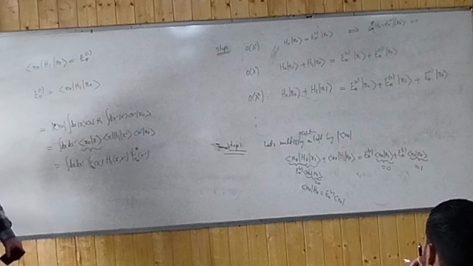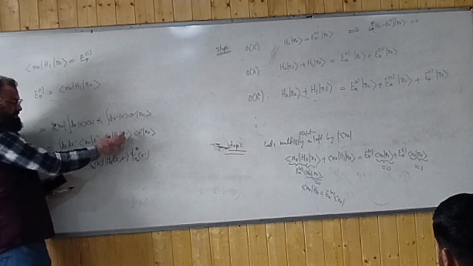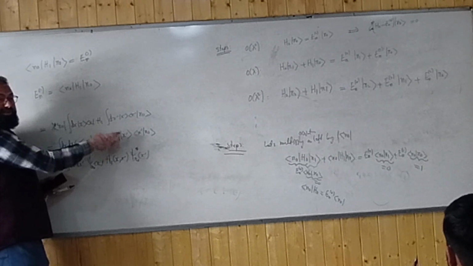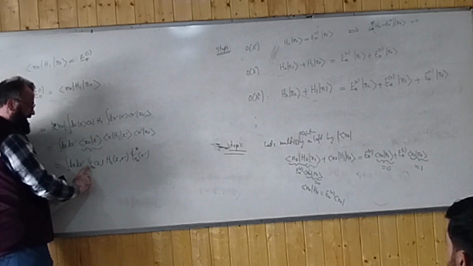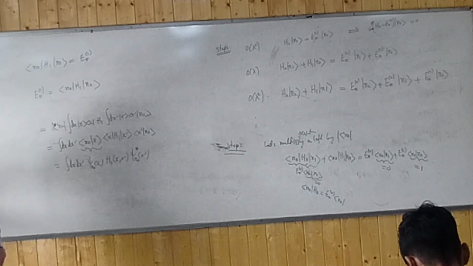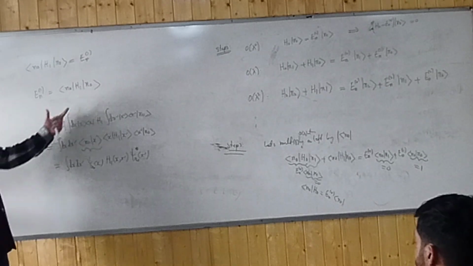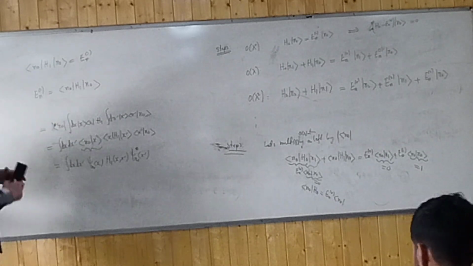Clear? Because this is a number now. This is a matrix element in coordinate space, so you can put psi star here and you can put it here. There is no problem. So is this an expectation value? Clear? Okay. So this is in the coordinate space.